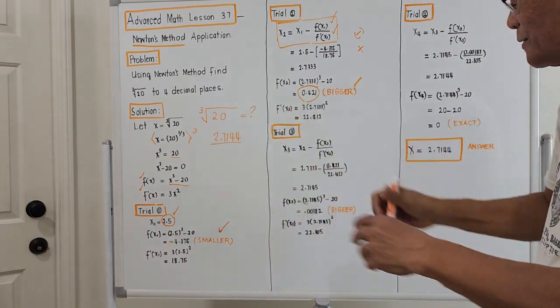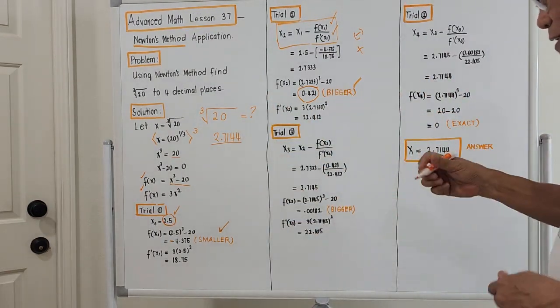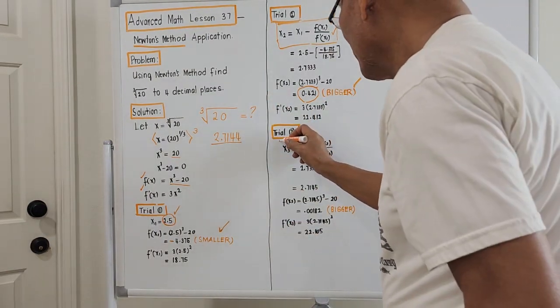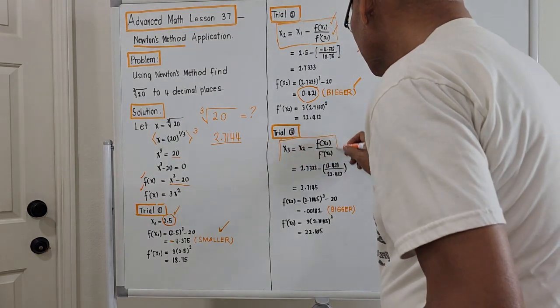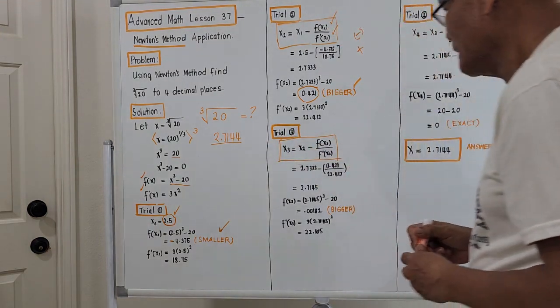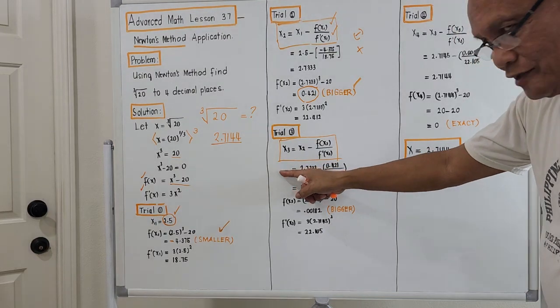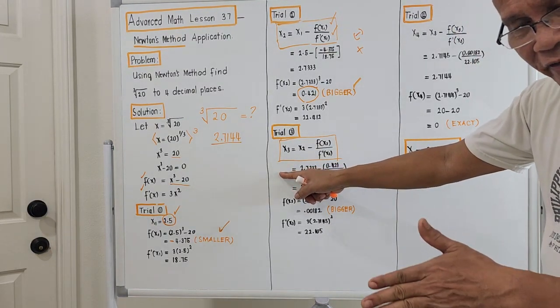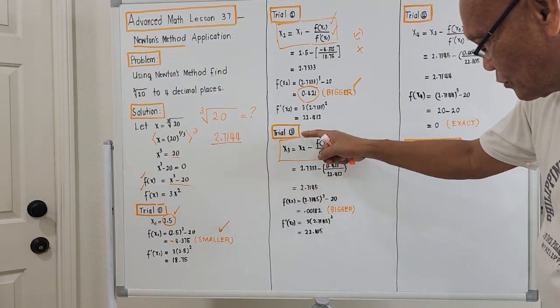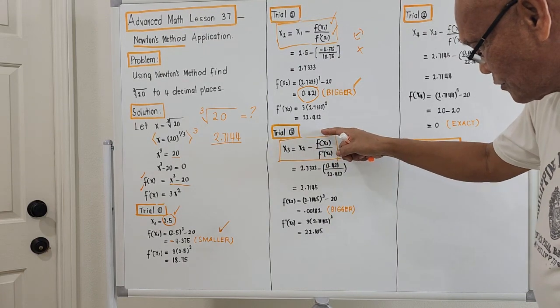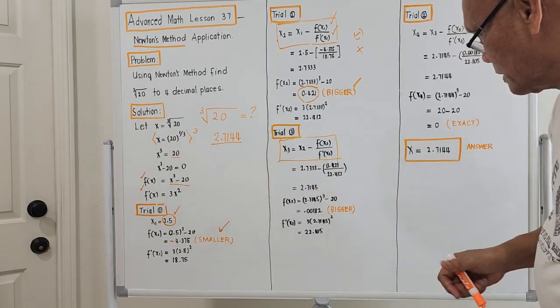So for trial number 3, again, by using Newton's method, this will be the equation. Right? That is x3, the next trial value, which is nearer the correct solution, should be x2 minus function of x2 over f prime of x2.